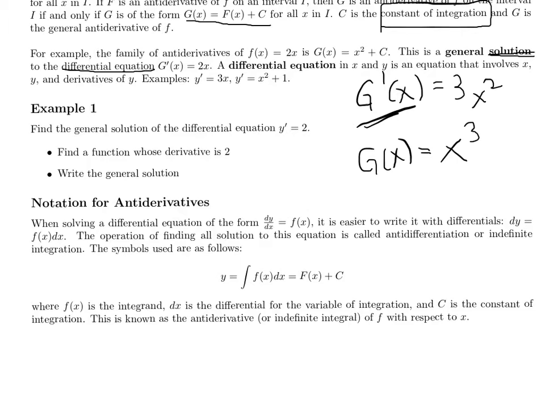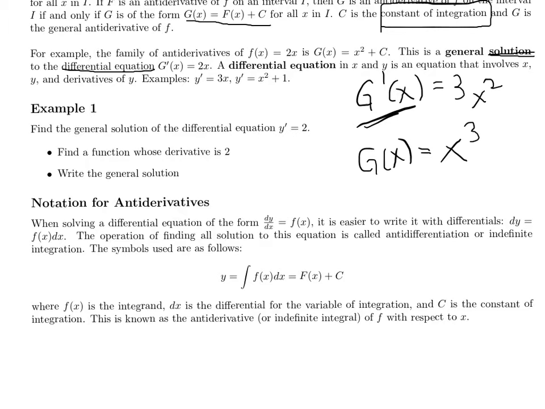Find the function that makes the derivative equal to 3x squared. A simpler one: find the function whose derivative is 2x. The general solution would be x squared plus c.